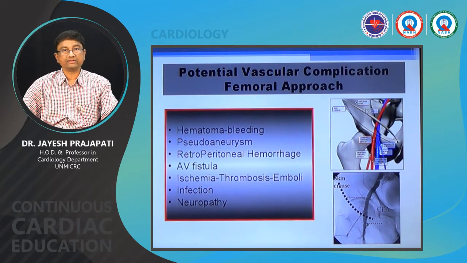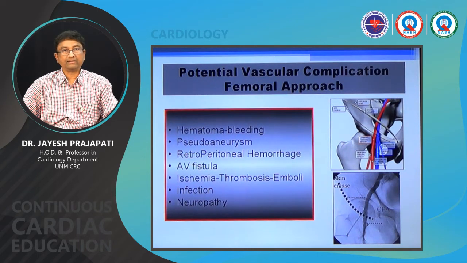Another thing, pseudoaneurysm. Pseudoaneurysm is one of the big things, and sometimes it requires manual compression with ultrasonic guidance, or a direct thrombin injection, or you can do coiling, or you can put a covered stent. So these are the ways you can manage the vascular pseudoaneurysm.